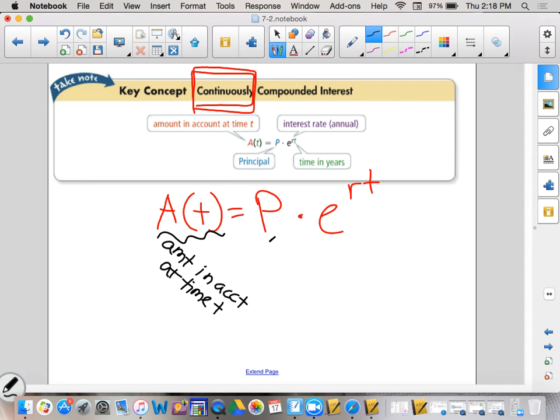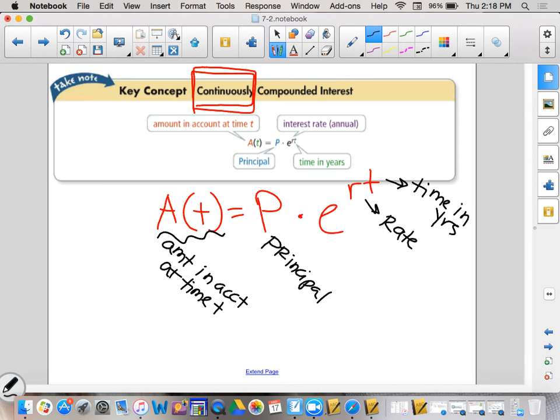The P is my principal amount, what I started with, what I put in. Then I have times e. My r is going to be my what? My rate, or our percentages. And then my t is my time in years.